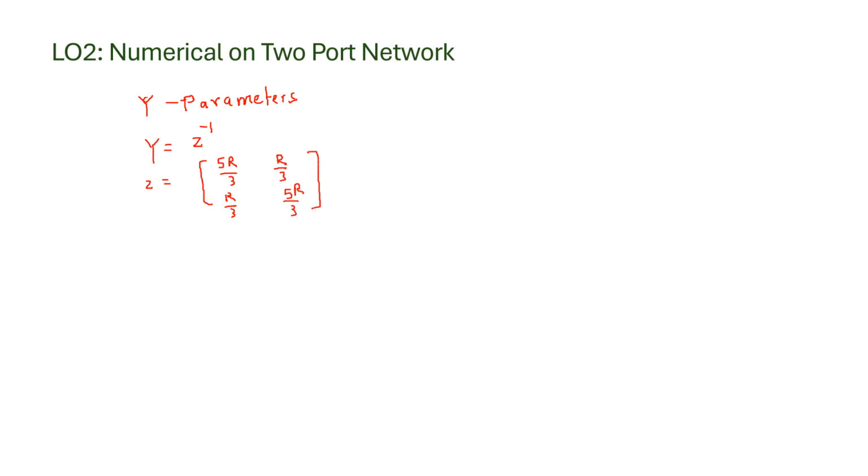So how can we find the inverse of this matrix? I will give you just one example. Suppose I have a matrix A, which is equal to A, B, C, D, and I want to find the inverse. How can we find A inverse? You can find it simply by interchanging the principal diagonal elements: D, bring it here, A, bring it here.